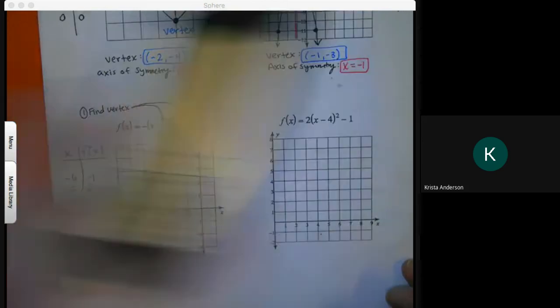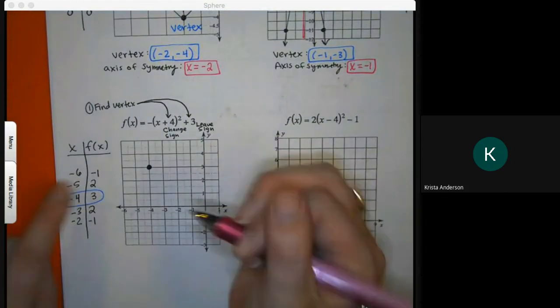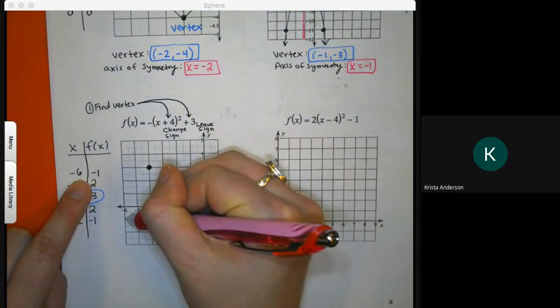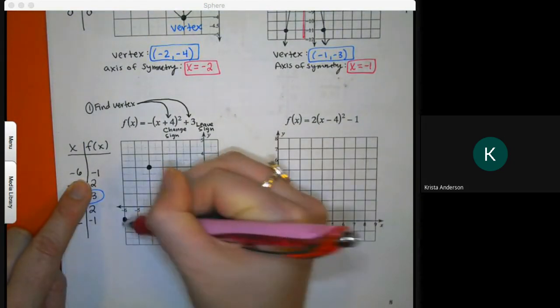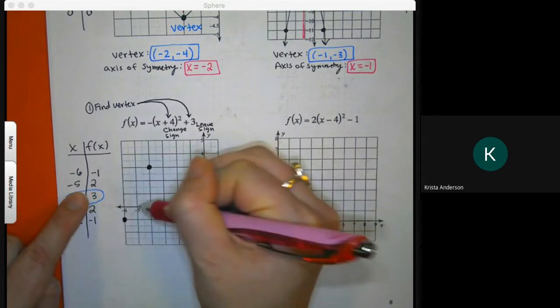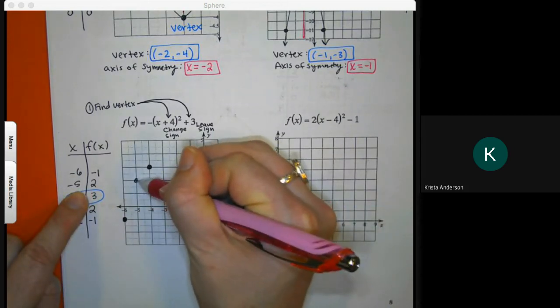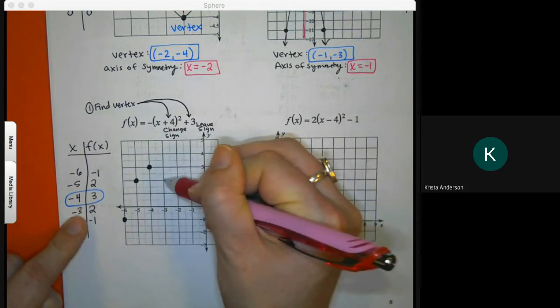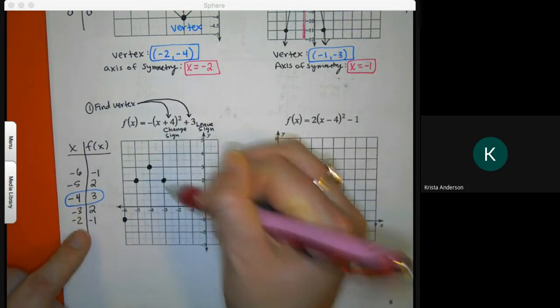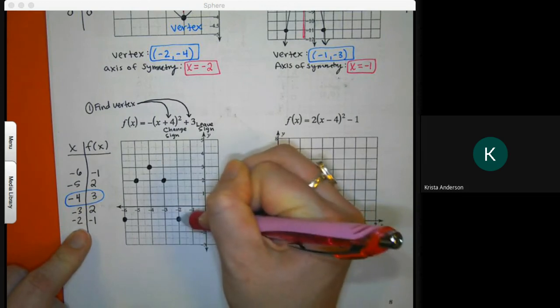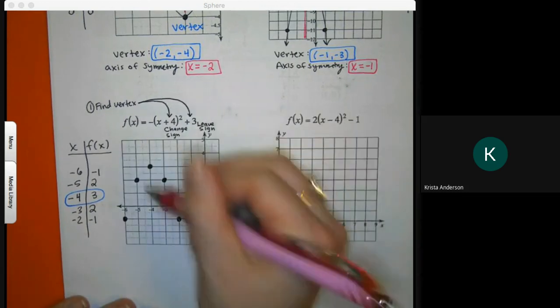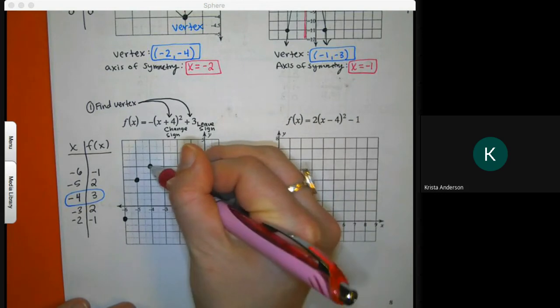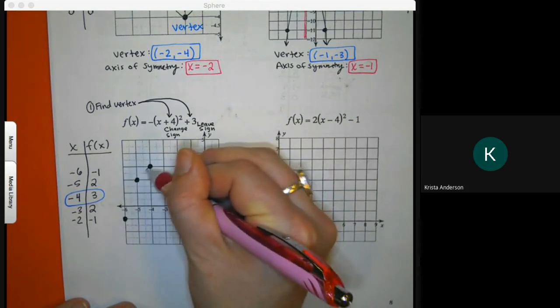I'm going to plot those points. -6 is down 1. I would click a dot there. -5 is up 2. I would click a dot. I already clicked there. -3 is up 2. -2 is down 1. I would then select the U shape for the parabola. Click, click, 2 points.